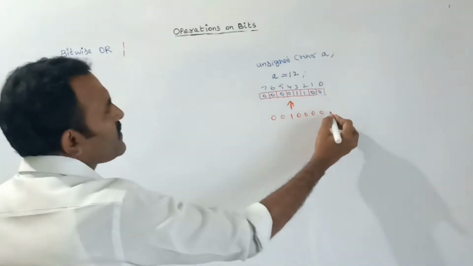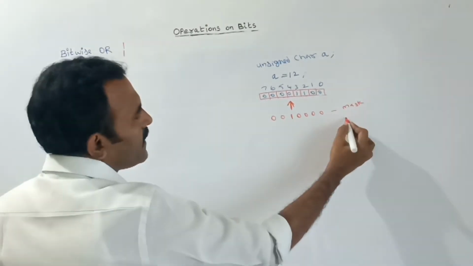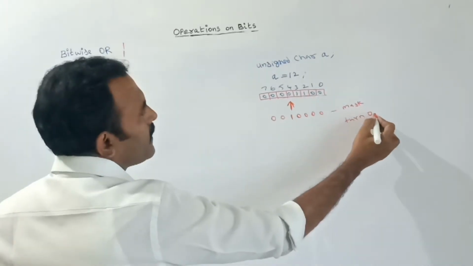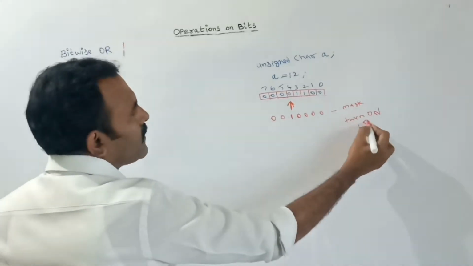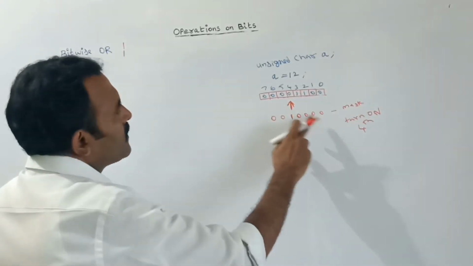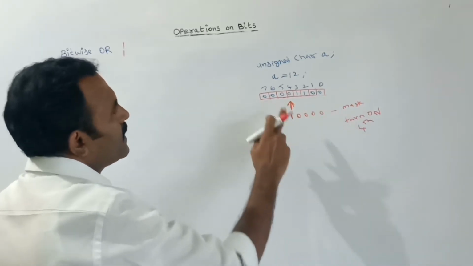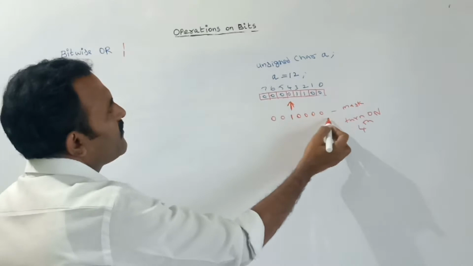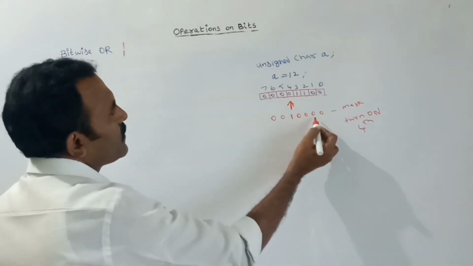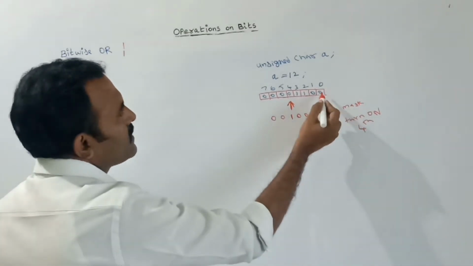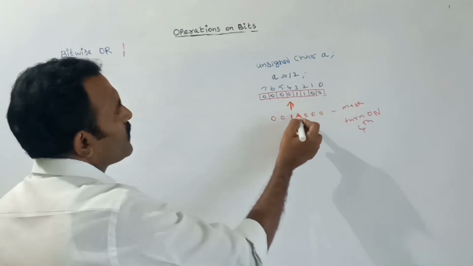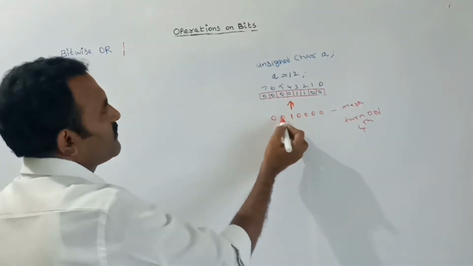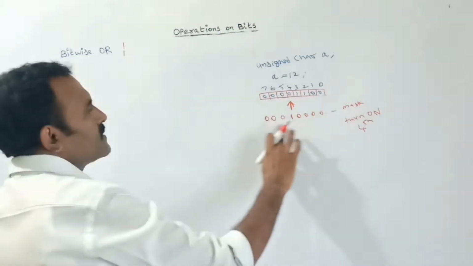This is the mask value for turning on the fourth bit. Out of this 8 bit, this fourth bit value is 1, and every remaining bit value is 0. This is the mask value. Say 0, 1, 2, 3, fourth bit is on, fifth, sixth and seventh bit are off.